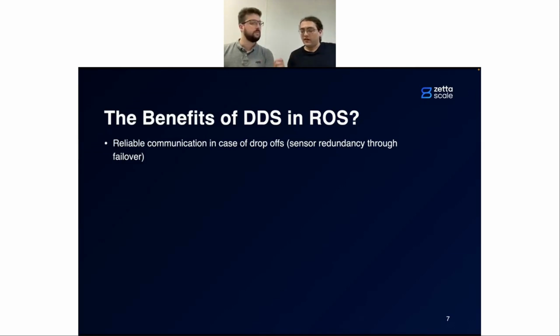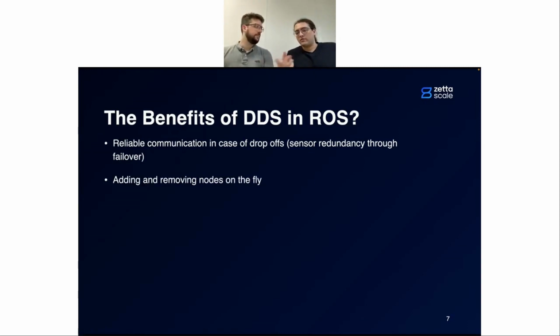If sensor A drops off the network, or its messages aren't coming in within the deadlines that are set, then the next sensor with the next highest strength that fulfills that deadline, or that's still active, will seamlessly have its messages take precedence. And when that other sensor comes back online, DDS will immediately handle handing over and making sure that sensor's messages take precedence over the other sensors. So just seamless redundancy through failover.